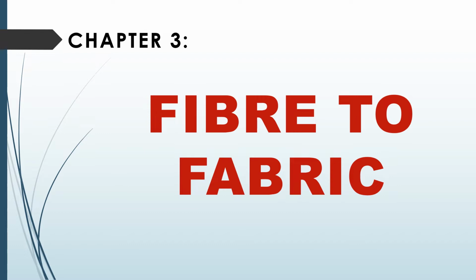So, using the fibers, we make fabric. Now you understand what fiber and fabric are. Fiber is the thread and fabric is the cloth. Now we'll see how we can make the fabric using fibers.